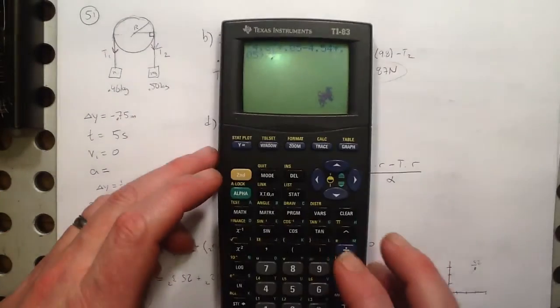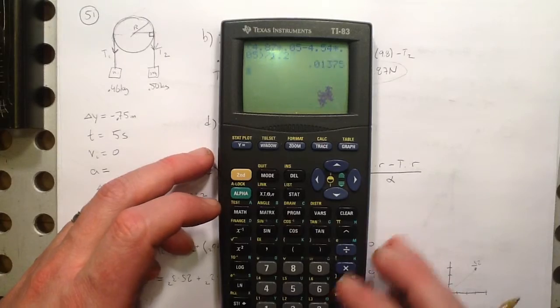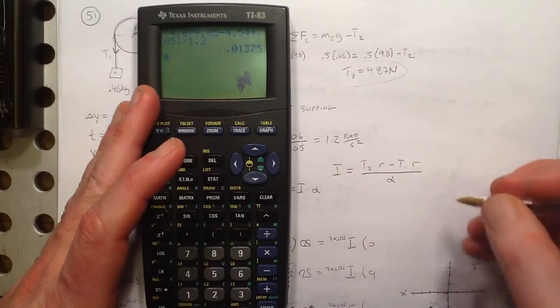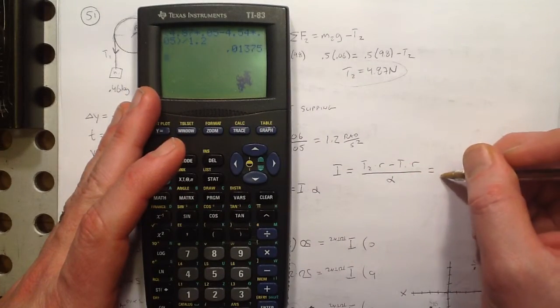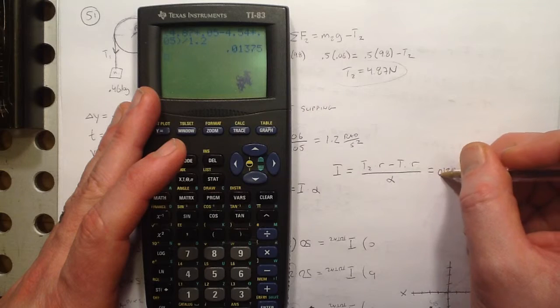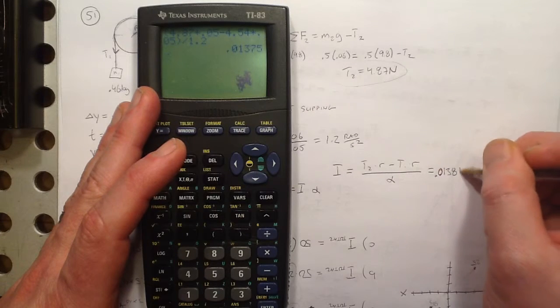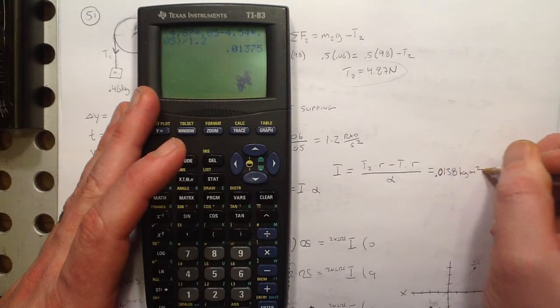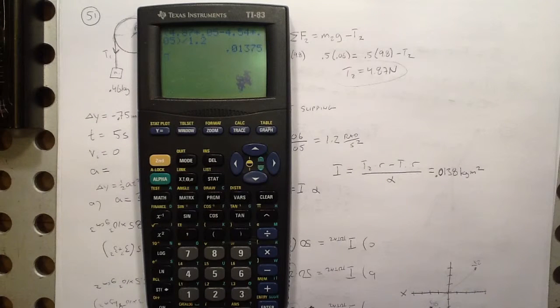Alpha was 1.2 radians per second per second. So the moment of inertia of our pulley is 0.138. Oops, sorry, there's a 0 in there. 0.0138 kilogram meters squared. That is the rotational inertia of the pulley. How about that? Pretty cool.